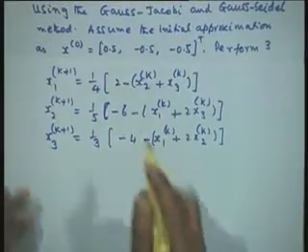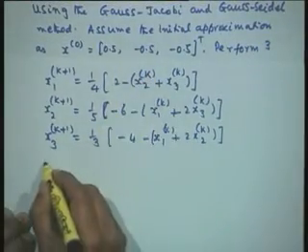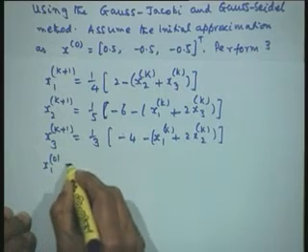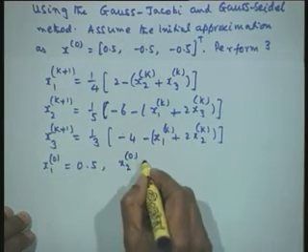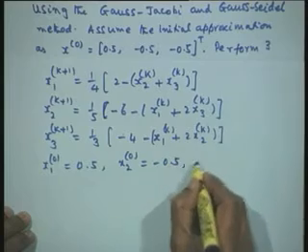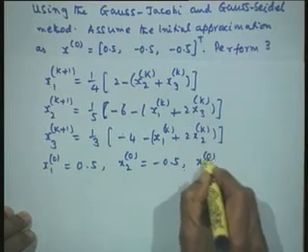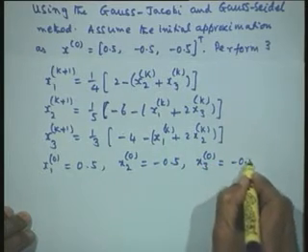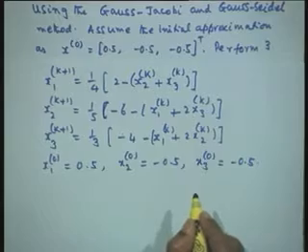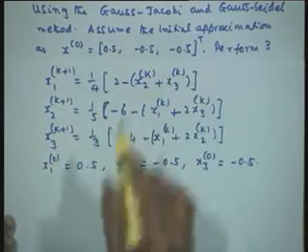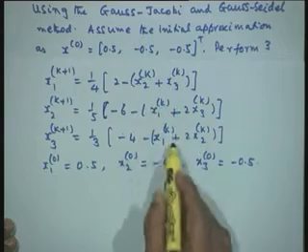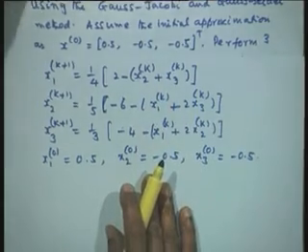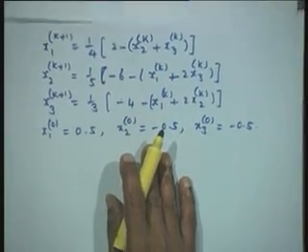Now, we are given the initial approximation as this: x 1 of 0 is 0.5, x 2 of 0 is minus 0.5, x 3 of 0 is minus 0.5. We are given these 3 initial values. So, I just have to substitute these and evaluate. I will give the values that will be obtained over here.